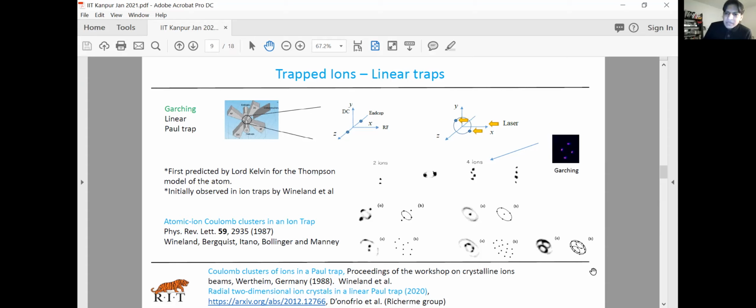Instead of this 15 ion, 45 equation description, if we can come up with some sort of effective loop variables, which I'm starting to sound like a quantum gravity person now, which interact with each other and reveal if there's a simple way to think about how to engineer these parameters, so we can transfer quantum information coherently and so on. So yeah, definitely very interesting.